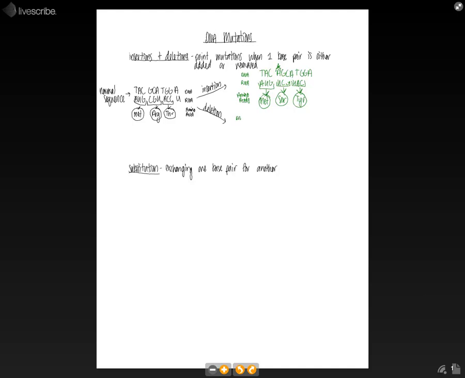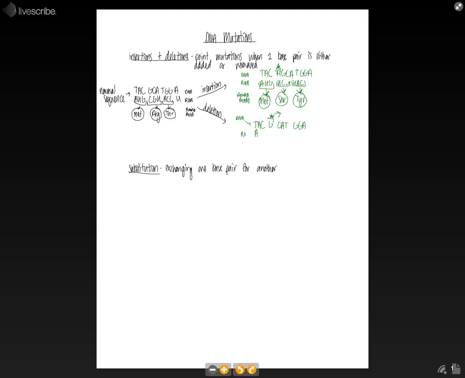So now if we look at a deletion, if we look at our DNA, let's write our sequence. Let's just go ahead and remove this G from here. There's our deletion, and then here's the rest of the sequence.